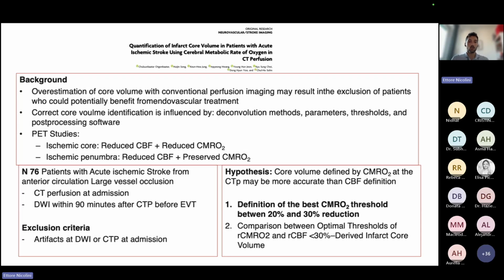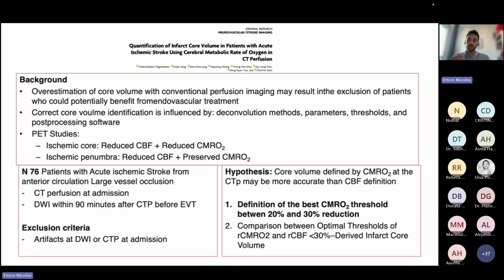So, in the ischemic core, we have both reduced CBF and reduced cerebral metabolic rate of oxygen, while in the penumbra we still have a relatively preserved cerebral metabolic rate of oxygen. So, the hypothesis was that the core volume as defined by CMRO₂ would better predict the infarct lesion as compared to the classical CBF definition on CT perfusion.